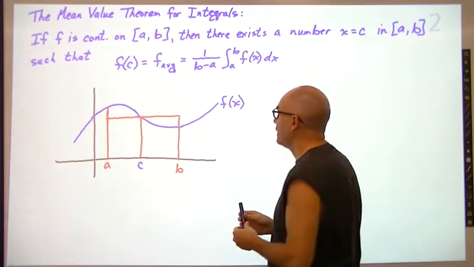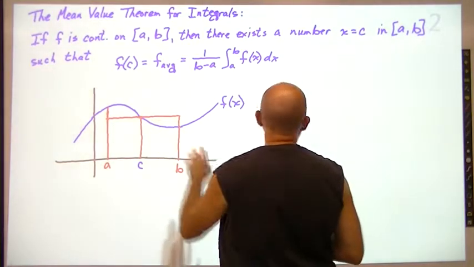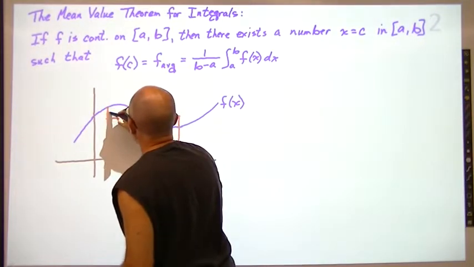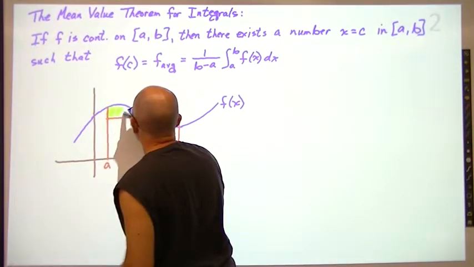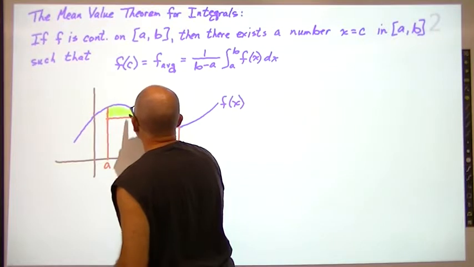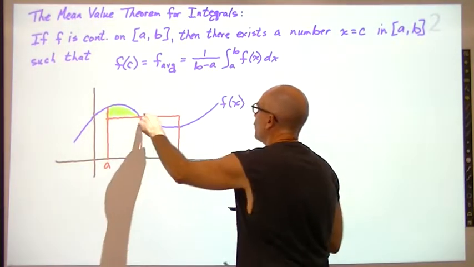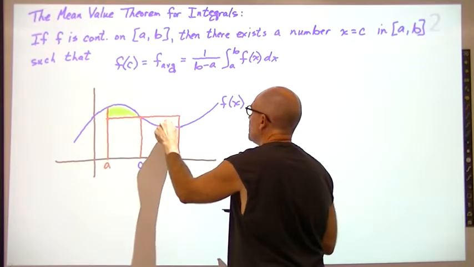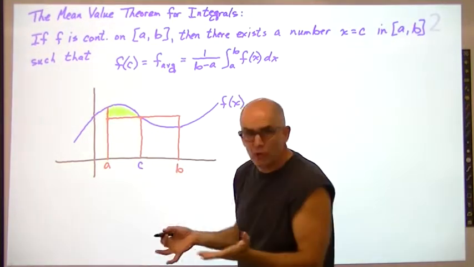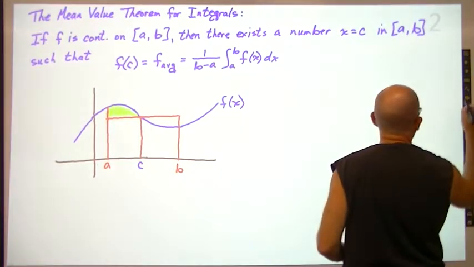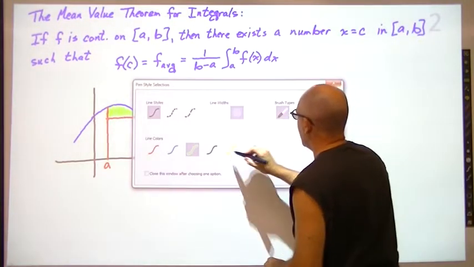Now what that means is this rectangle has a piece of area above it. So that's the amount we added to the rectangle. So if we did this right, then this area below it that we're taking out of the rectangle should be equal to that. And we need to put that in yellow, of course.